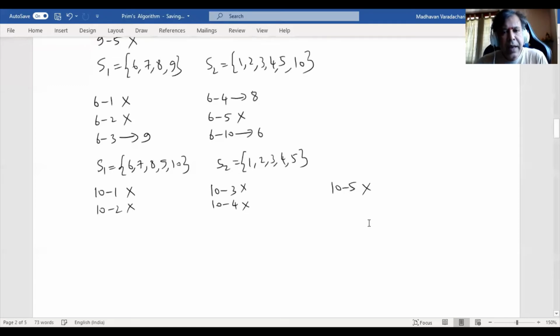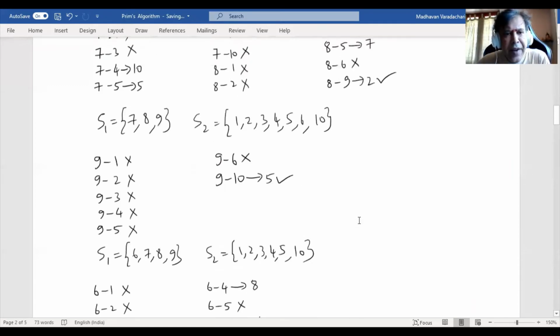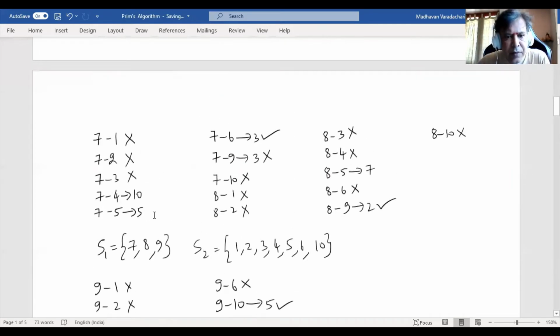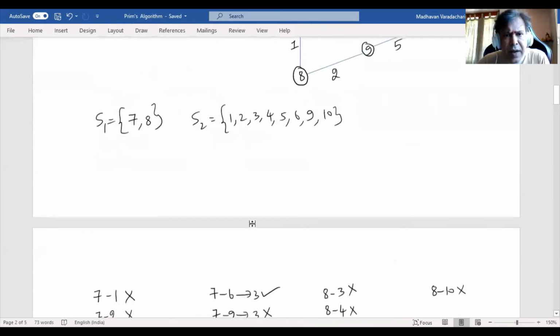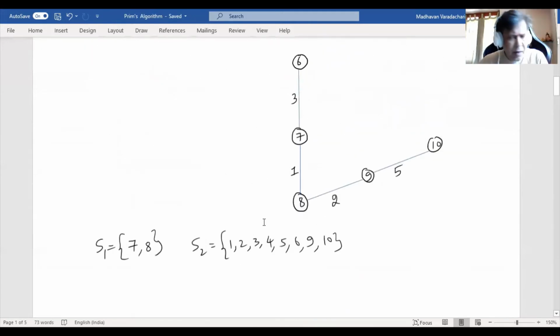Now, again, from the weights available with us, we have to identify the least. So when we did the previous iteration, we understood that 9 to 10 we chose instead of 7 to 5. Now I can choose 7 to 5. If I draw 7 to 5, 5 will be something new.